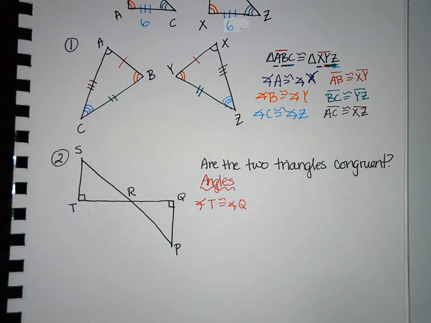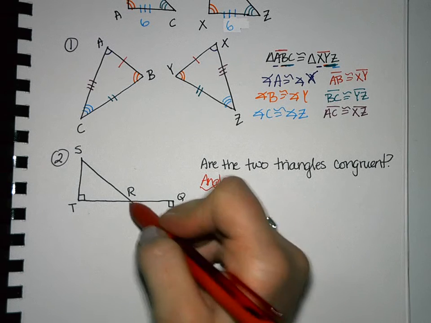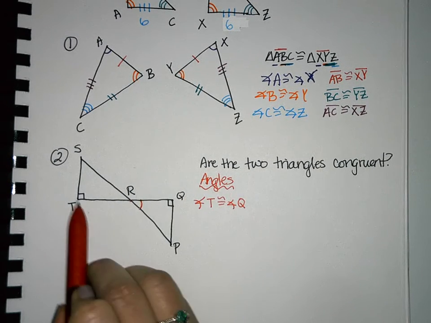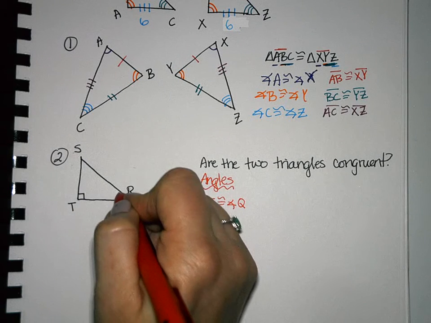Is there a second angle that might not be marked, but we know it's congruent based on an angle pair relationship? Chase? Angle QRP is congruent to angle TRS. Okay, so QRP, that's this one right here, is congruent to TRS, this one right here.